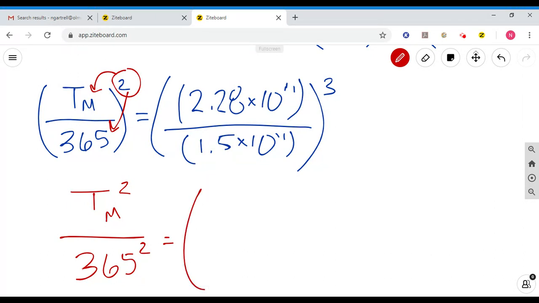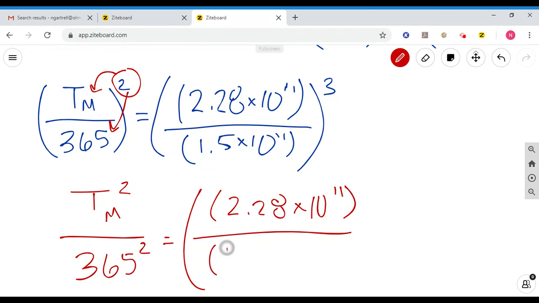That's equal to this side, this whole mess of a side. So the radius, or the distance of Mars, don't forget parentheses, over the distance of Earth. That quantity is cubed. Okay. It looks like a lot because there are a lot of numbers on the right side.